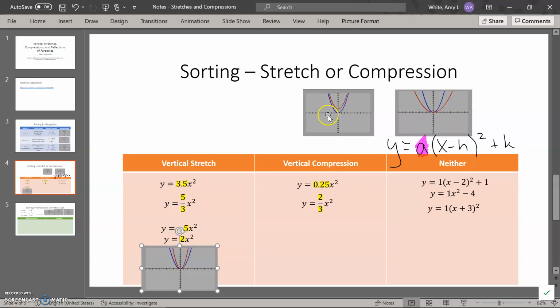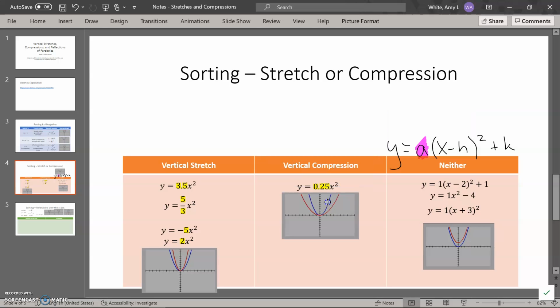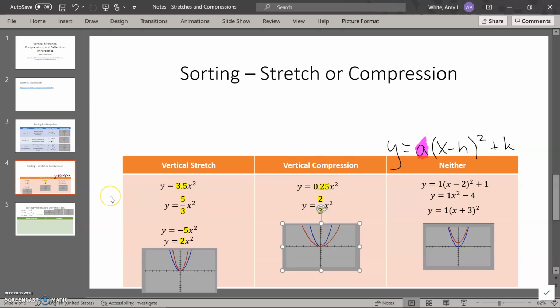When the vertex moves, it is not a stretch or a compression, so that's going to go in our neither column. And then here, we have the red graph is wider than our blue graph, so we're going to call that a compression. You make stuff wider by compressing it. Think about pressing down on some Play-Doh or something. You're making it wider and flatter. If you pull on it, you're going to make it skinnier.